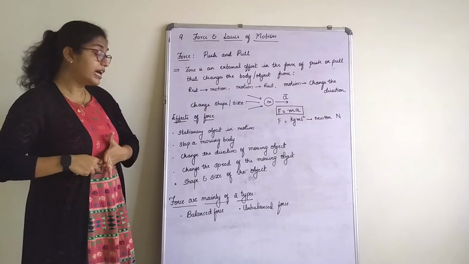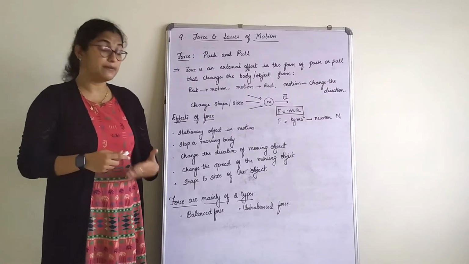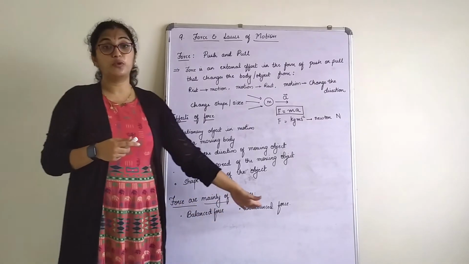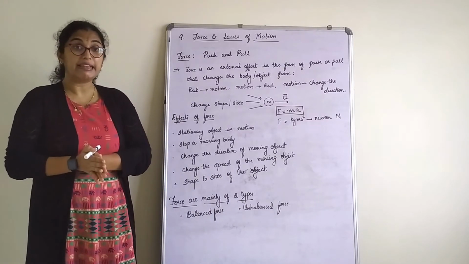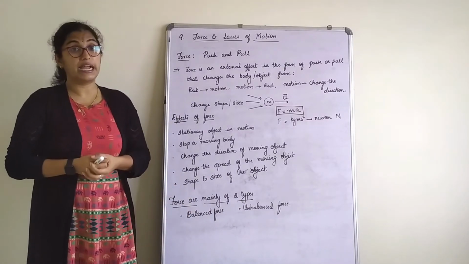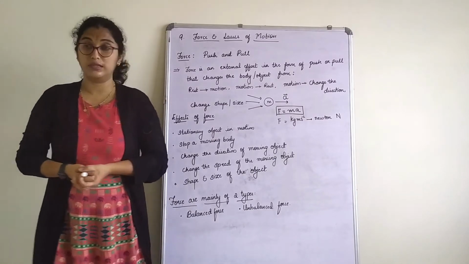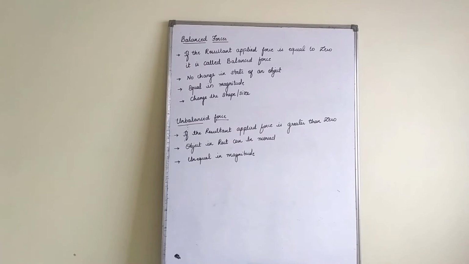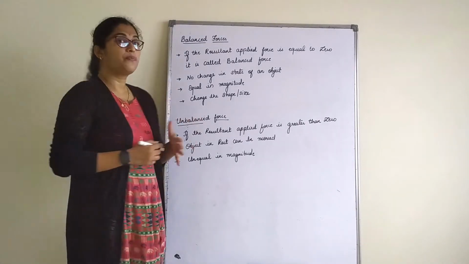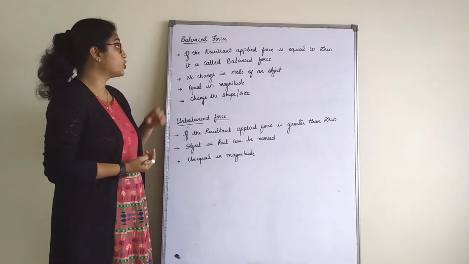Next, forces are mainly of two types, that is balanced force and unbalanced force. So let us understand in detail now what is balanced force and what is unbalanced force. By the name itself we can understand.